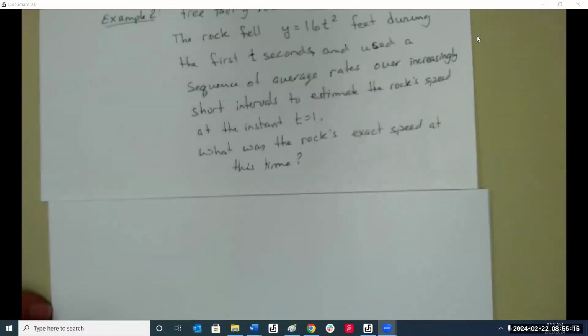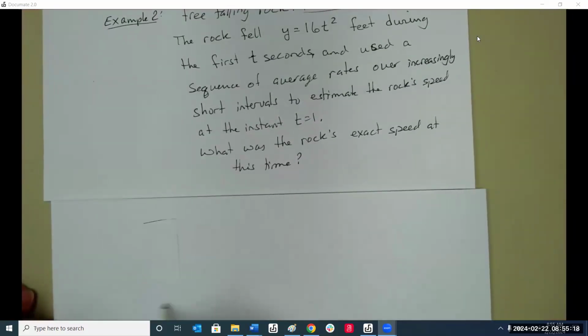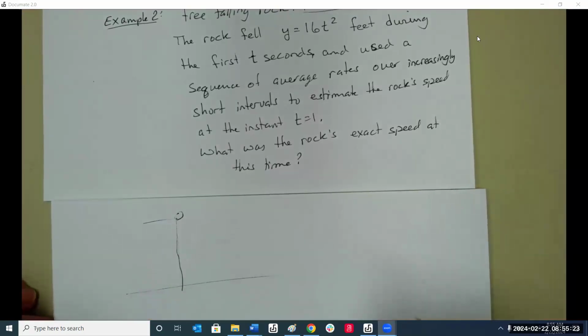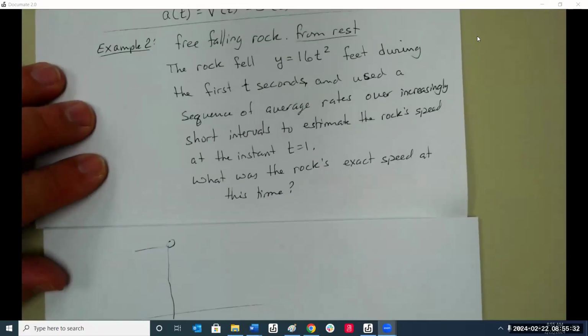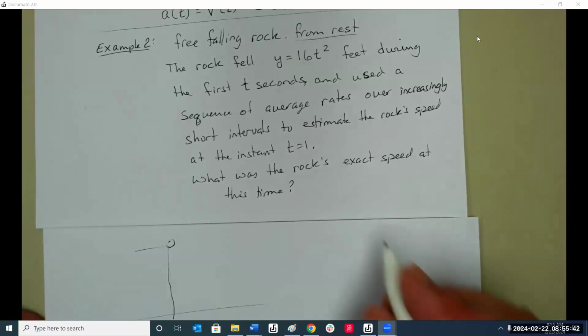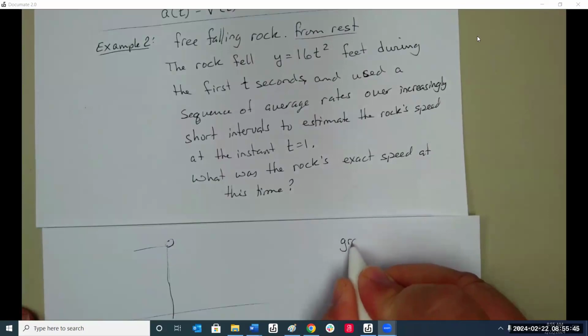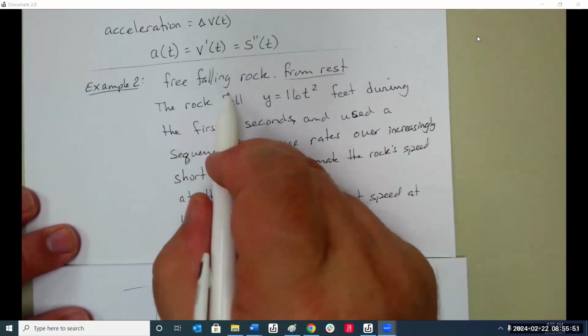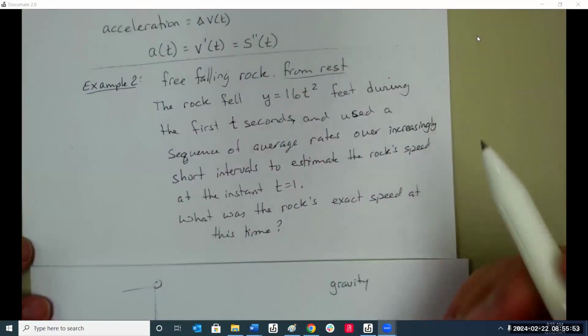Let's draw a picture of what we have here. So a rock was over here. It was how far from the ground? We don't know, but it fell off. 16 t squared. What does 16 represent? Because it said a free falling rock from rest.